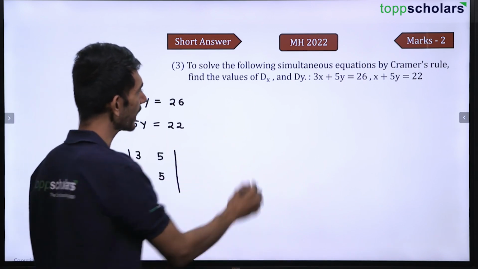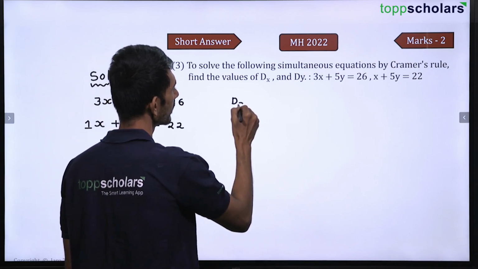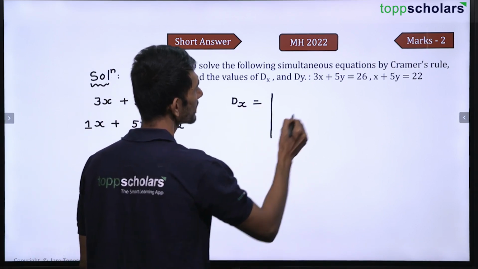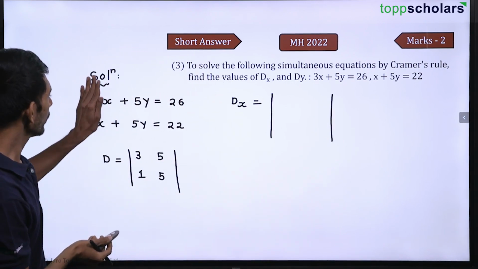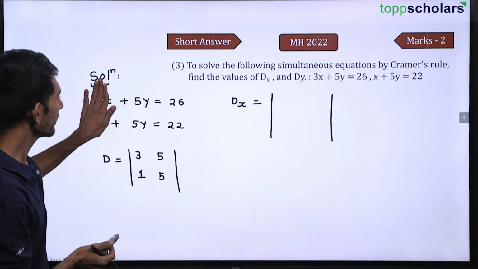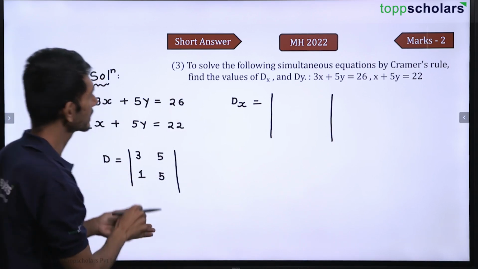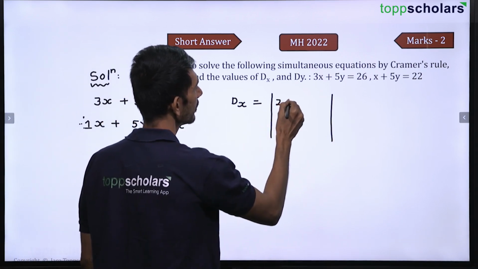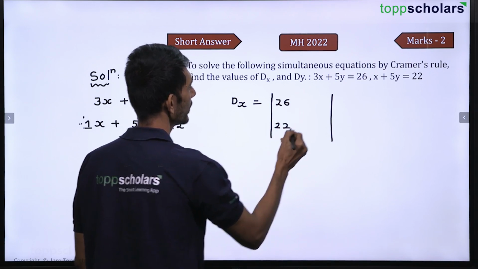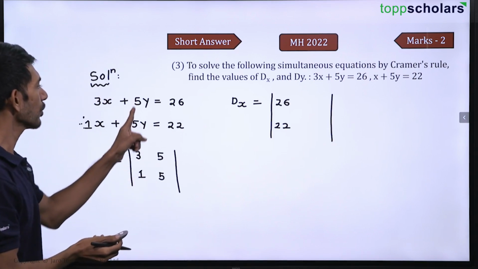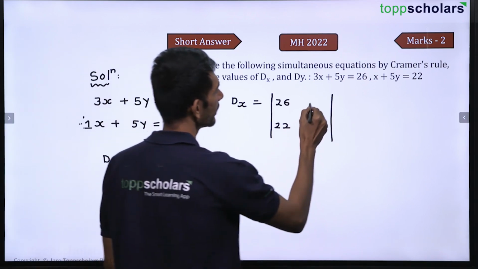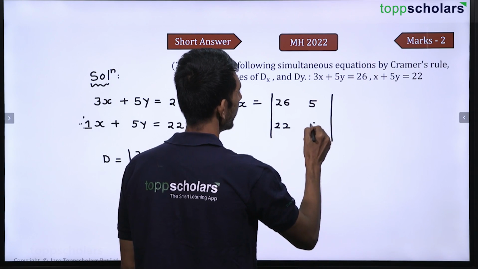Now they are telling us to find out dx. Don't make mistake in dx. I repeat again. When you find out dx, you ignore x. Write down the constants first. That is 26, 22. And then write down the coefficients of y. That is 5 and 5.